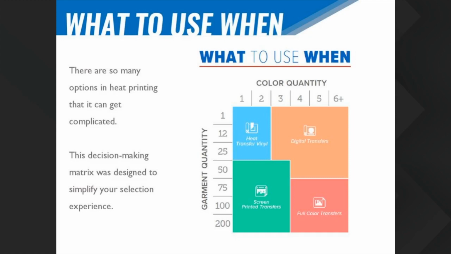I am going to have Deborah post some links in the chat box so that you know where to find our CAD Cut Heat Transfer Vinyl and our CAD Prints digital transfers. These are our full color digital transfers, great if you have lower quantities. They're priced by the square inch, so it makes it really easy.